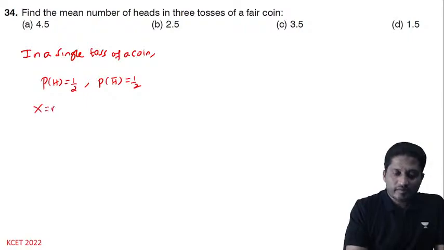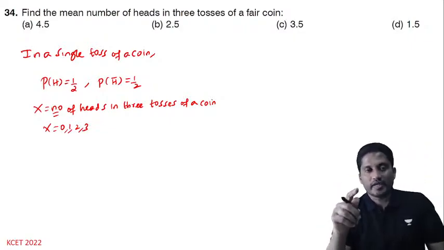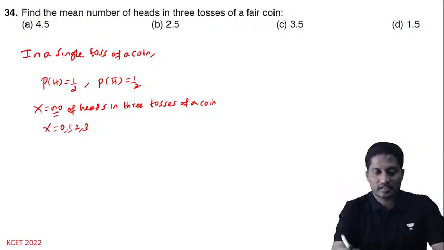X is equal to number of heads in 3 tosses of a fair coin. So this means that X is equal to 0, 1, 2 and 3. This means that you get 0 heads, 1 head, 2 heads and 3 heads.